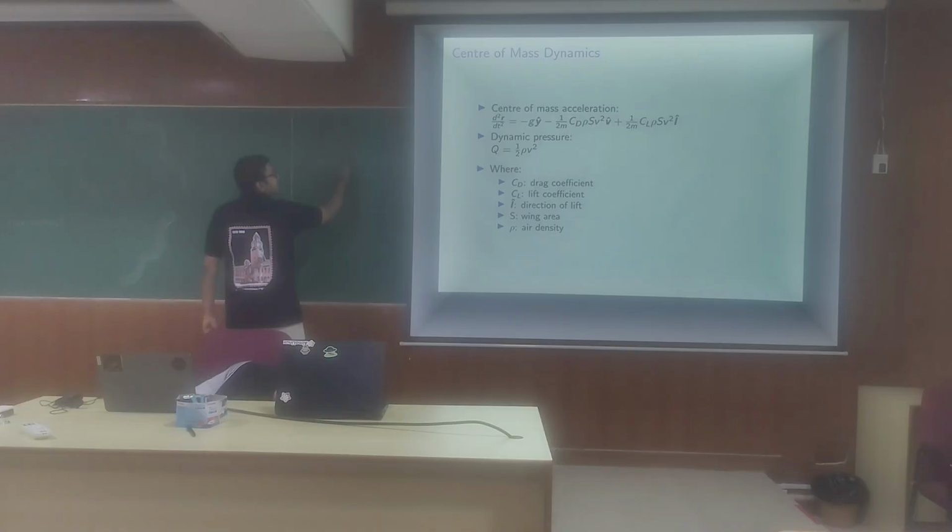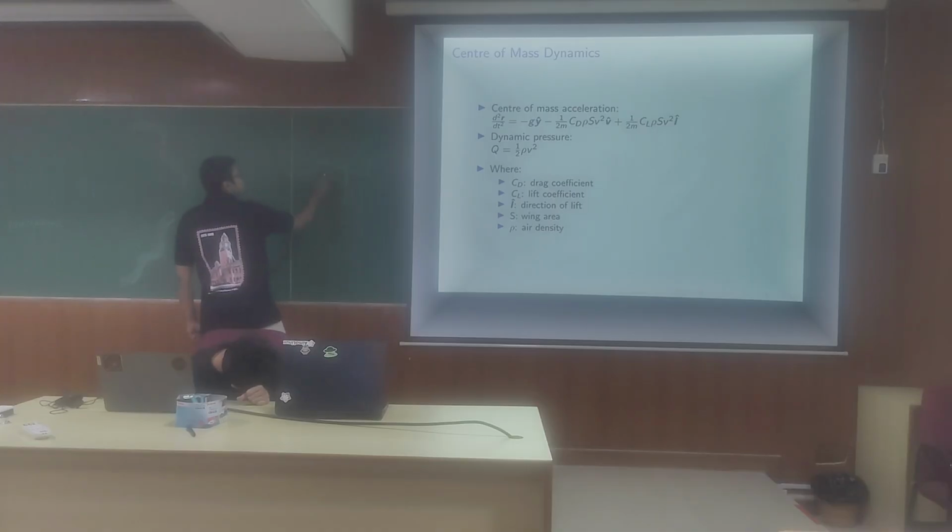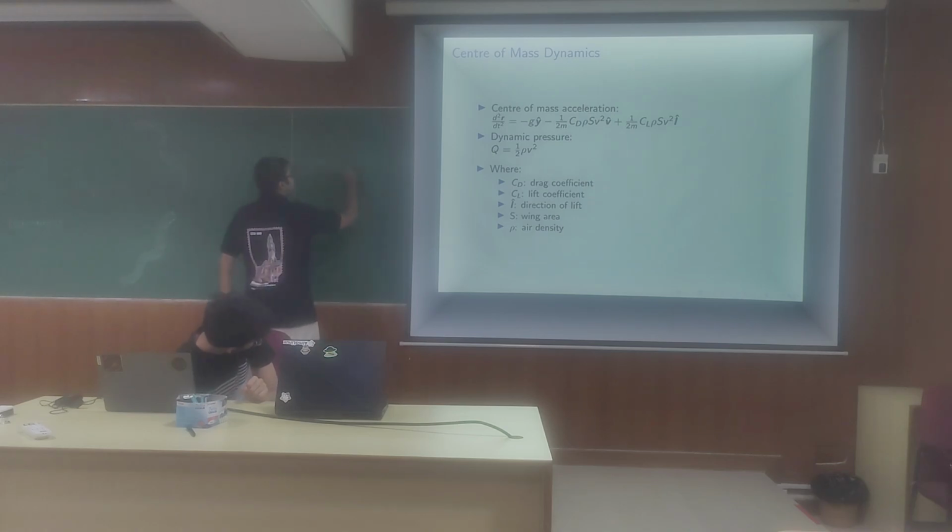Say you have a center of mass here, gravity acts downward, and say velocity is here, and this is our angle of attack. Now, drag acts anti-parallel to the velocity.